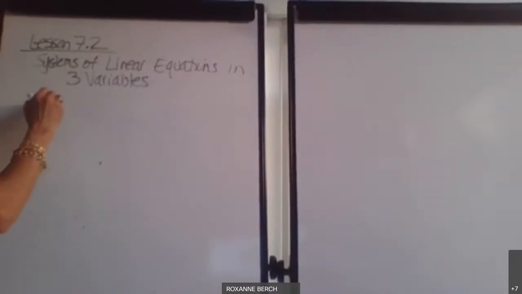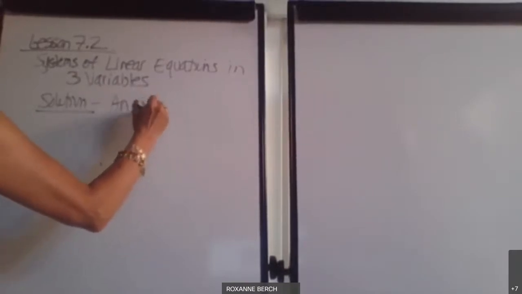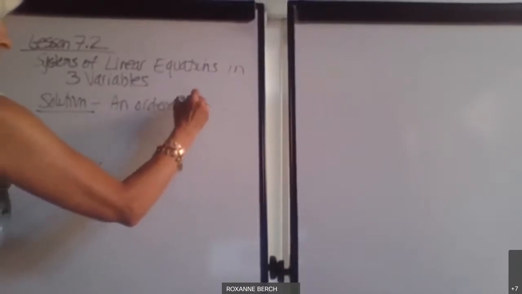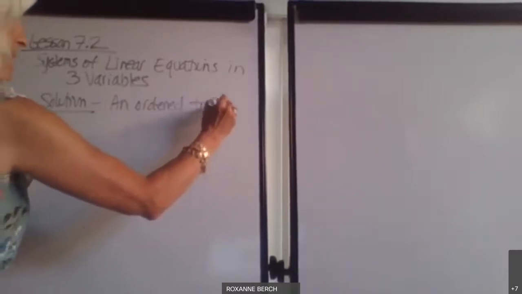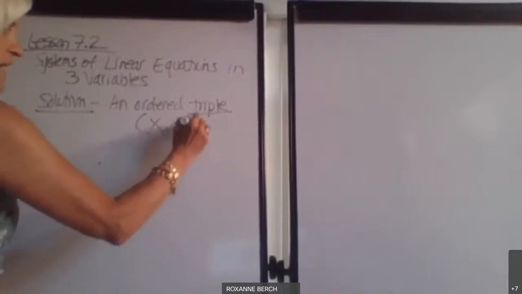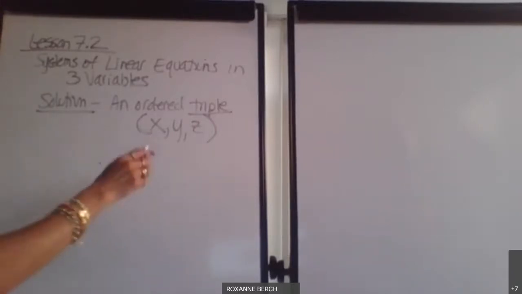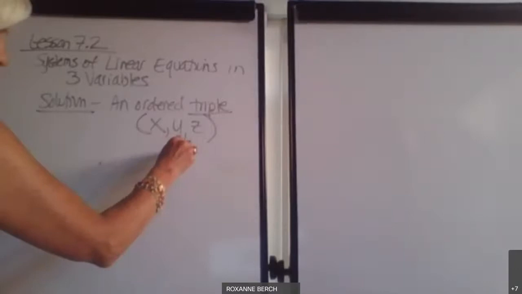And our solution is going to be an ordered triple. So instead of X and Y now, you're going to have X, Y, and Z. And what this means is we're in 3 dimensions. And so we had to graph something.